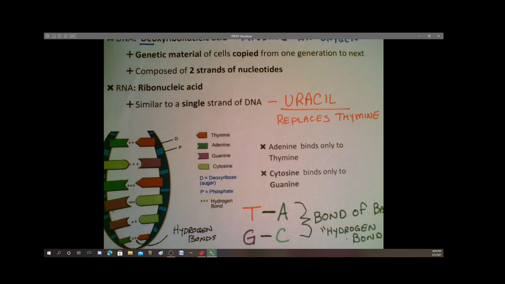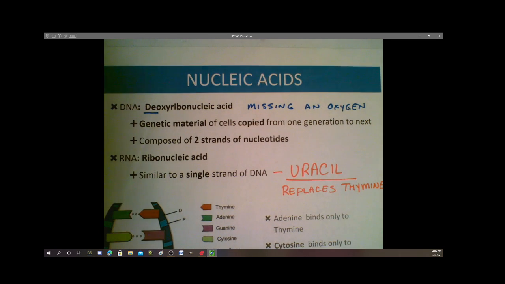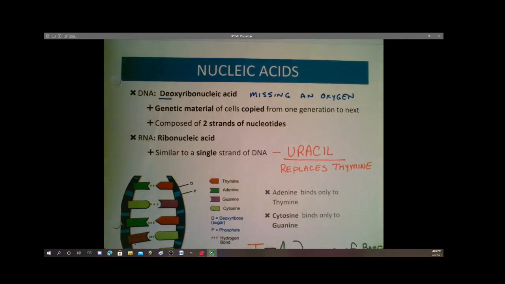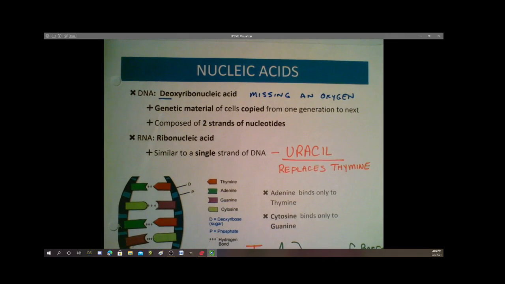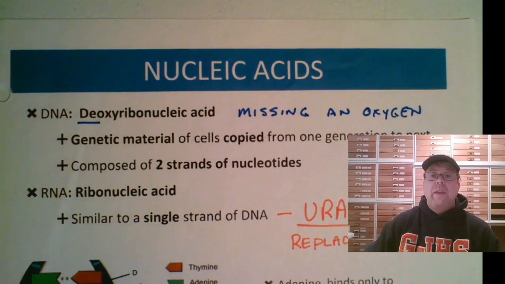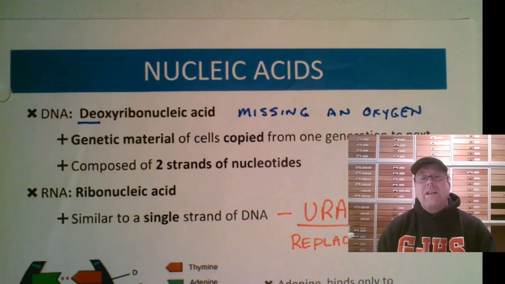And you can always tell the genetic code is RNA because it won't have T's in it, it'll have U's. And so this is just the basics of our nucleic acids.